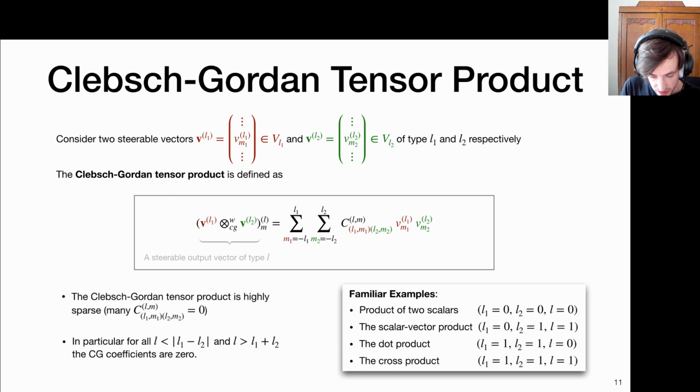So if I take the tensor product of a type 1 with a type 1 steerable vector, 1 plus 1 is 2, I can create an output steerable vector of type 2. But I cannot go beyond type 2. Anything above this 2 will be non-existent. So in a sense, I can only alternate between adjacent frequencies.